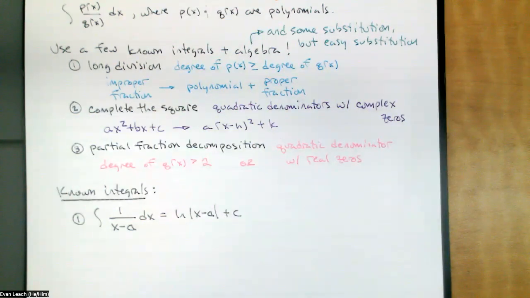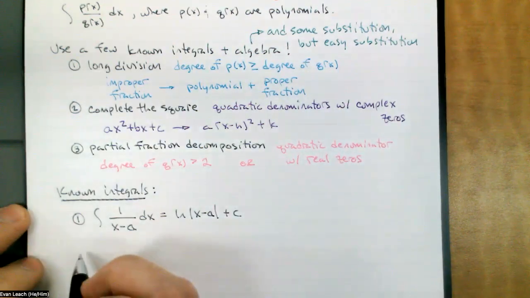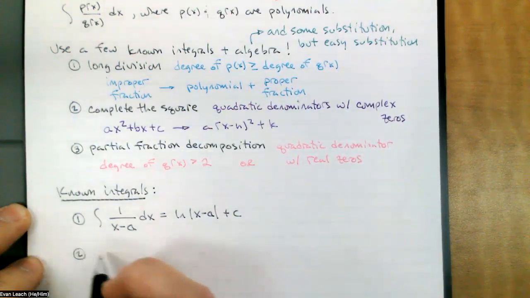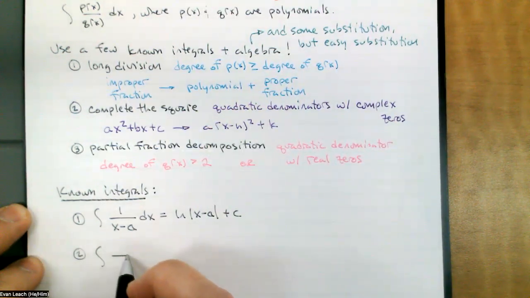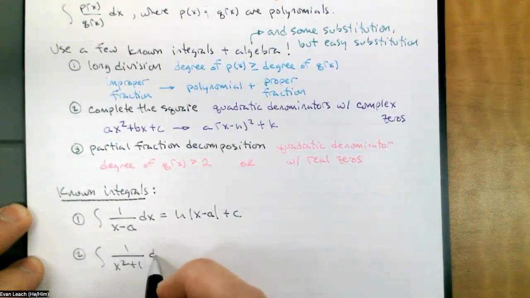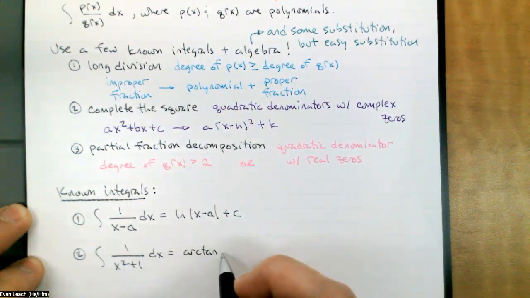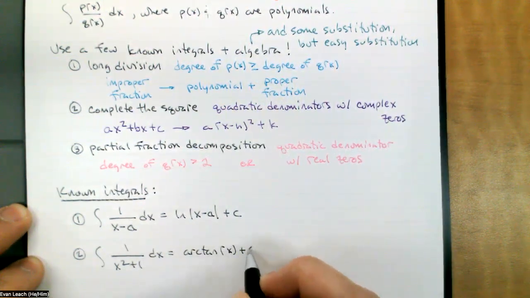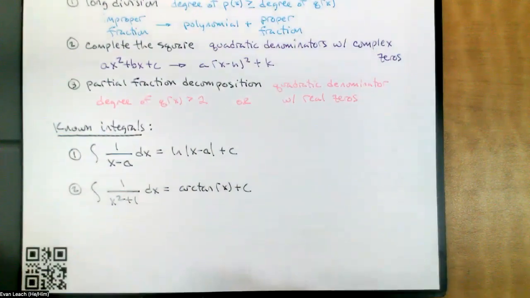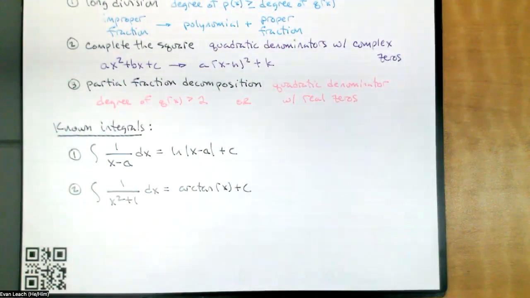Here's one of our known integrals. The integral of 1 over x minus a is natural log of absolute x minus a plus c. 2. The integral of 1 over x squared plus 1 is arctangent x plus c.